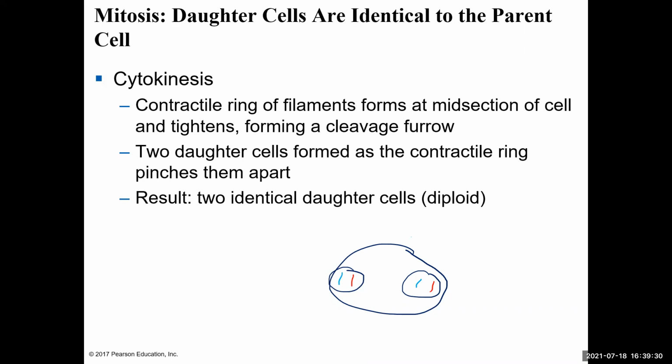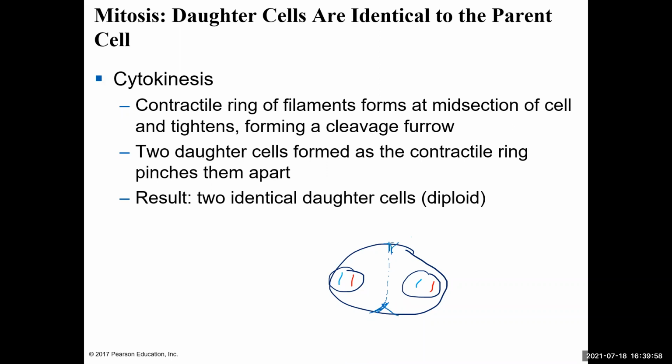And then once the nucleus has divided, the cytoplasm will split. And so basically you'll get this contractile ring to form at the midsection of the cell. And you can think about like putting a rubber band, a really strong rubber band over a balloon. And if you did that, it would indent, right, and pull that balloon towards the middle.